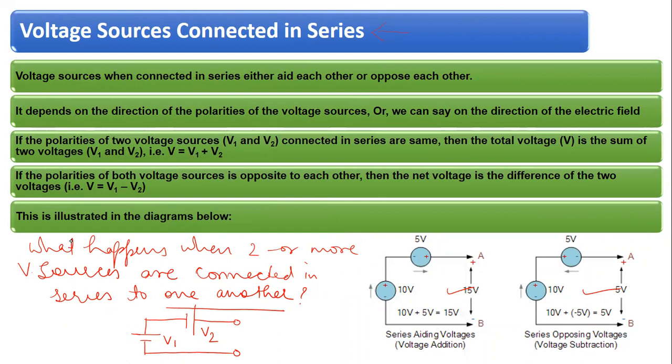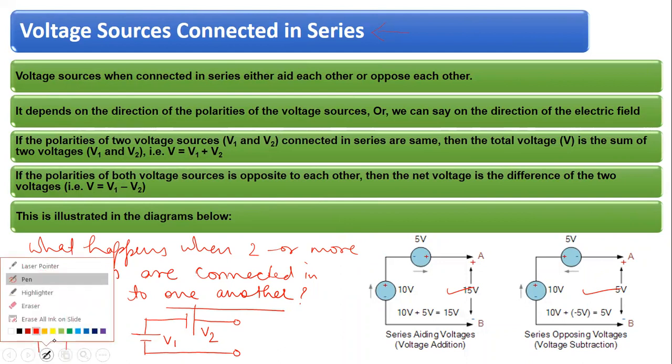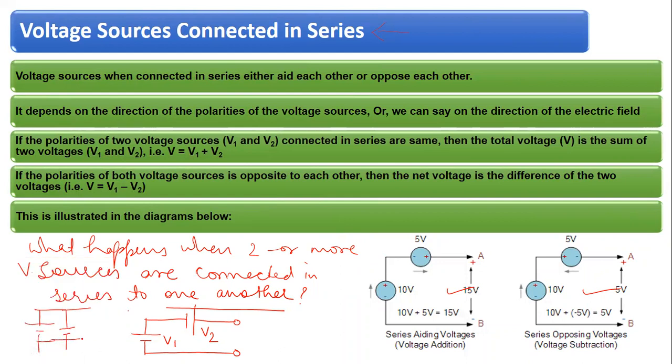So in that case also, if you connect a voltage source in parallel to another voltage source, there may be a case that, let us say if it is a 20 volt and a 10 volt, the current can short here, because theoretically this particular voltage source is offering kind of zero resistance, right?